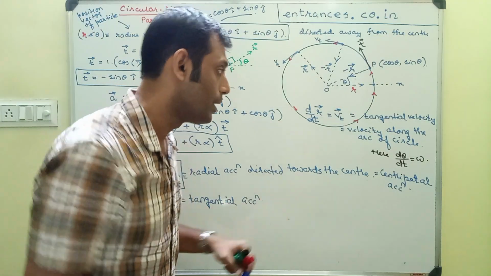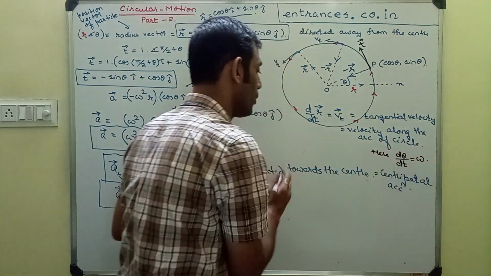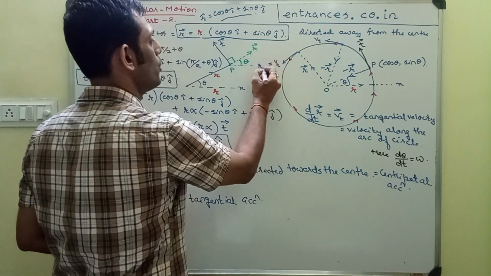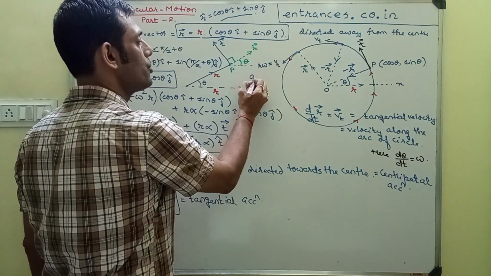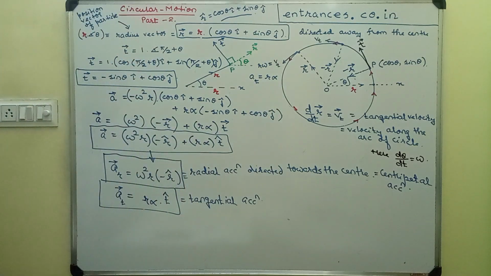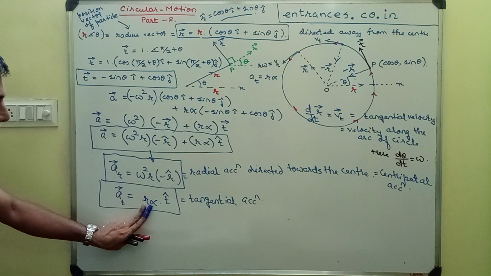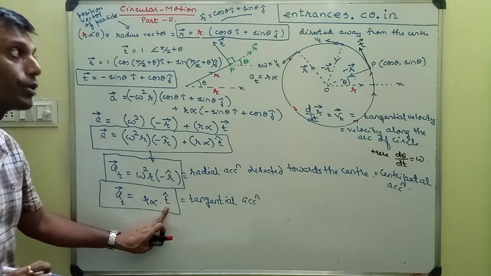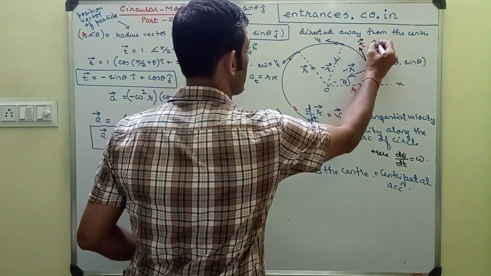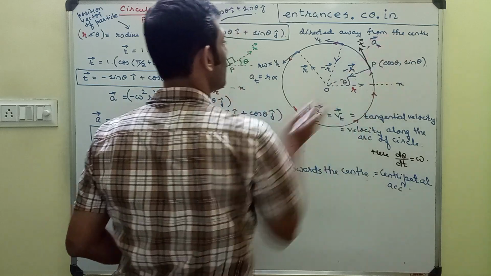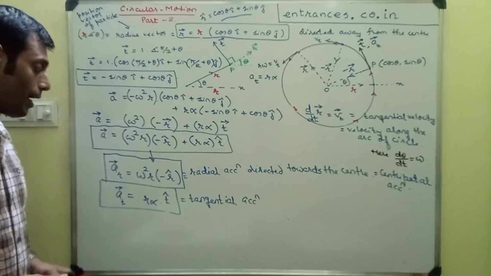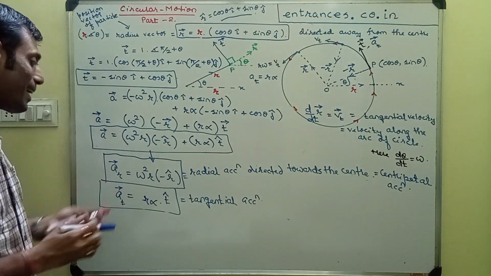I hope you remember, tangential velocity was equal to r omega, and tangential acceleration was equal to r alpha. We had calculated this earlier, and this came up with the same magnitude, and the direction is also now determinable, and therefore the tangential acceleration is also guided in the same direction. AT vector and the VT vector are directed in the same direction, and this is about the net acceleration.